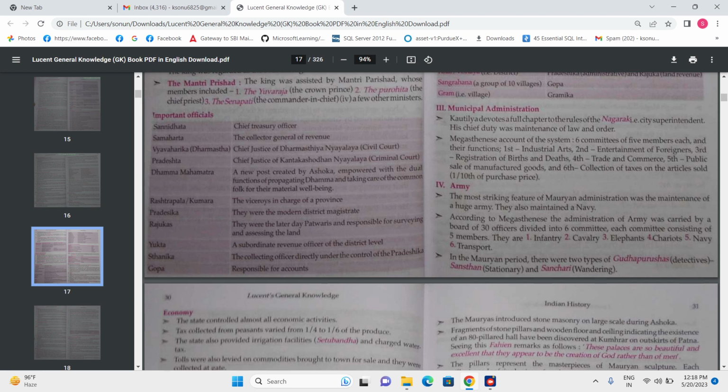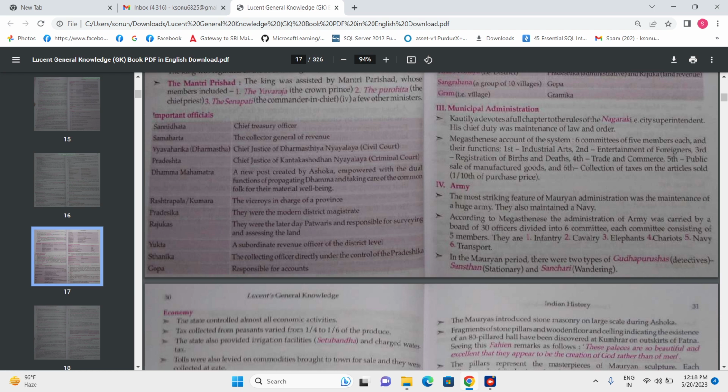As per Megasthenes, 6 committees of 5 members each, and their functions: industrial art, entertainment of foreigners, third registration of birth and death, trade and commerce, public sale of manufactured goods, and 6th collection of tax on articles sold, 1/10 of the purchase price.